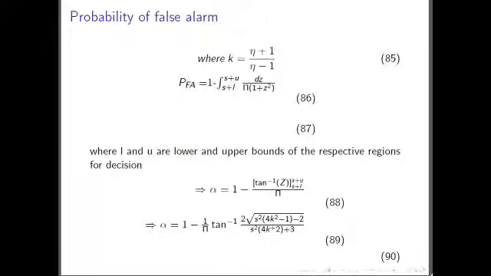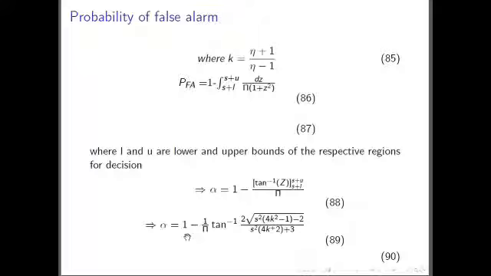Now let us calculate the probability of false alarm. Here we consider k is equal to (eta plus 1) divided by (eta minus 1). Probability of false alarm is given by the equation PFA is equal to 1 minus integral from s plus L to s plus u of dz divided by pi into (1 plus z square), where L and u are the lower and the upper bounds of the respective regions for decision.